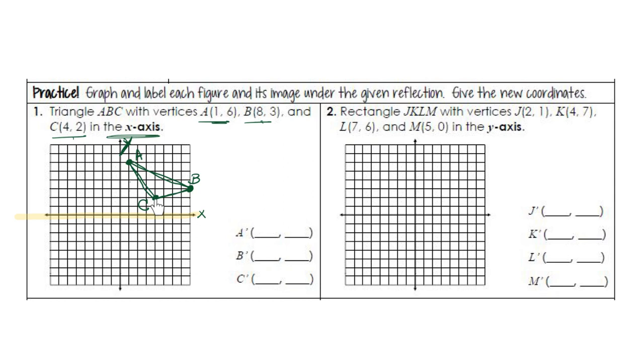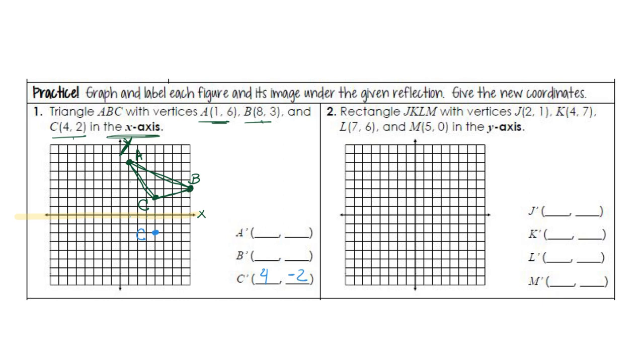The new C, if it flips over this line, is still on 4. It's 2 up, so now it's going to be 2 down. C is going to still be at 4, but negative 2.